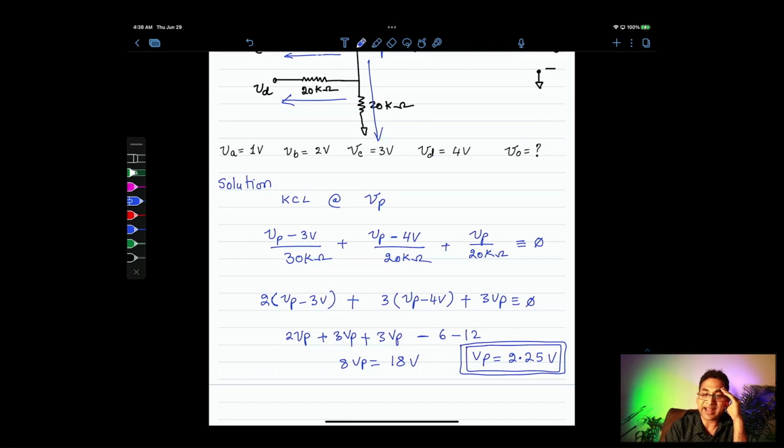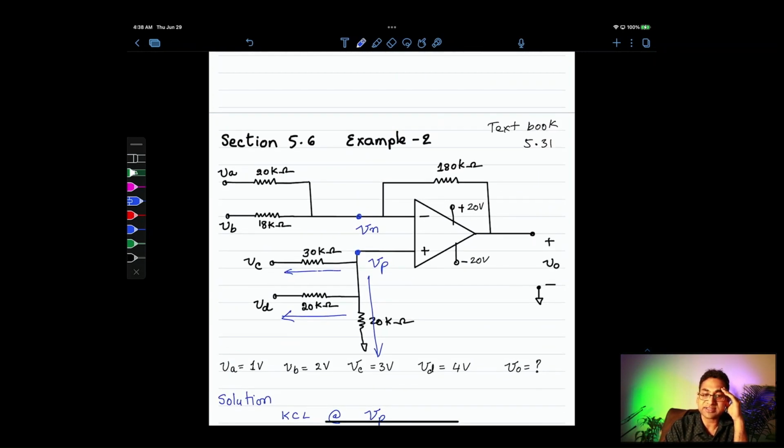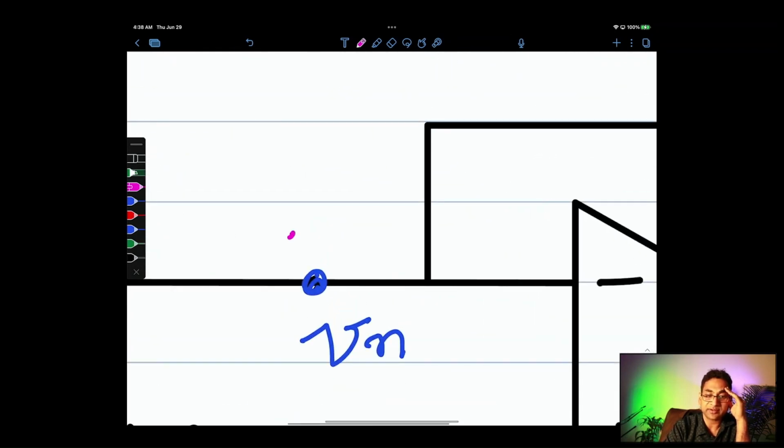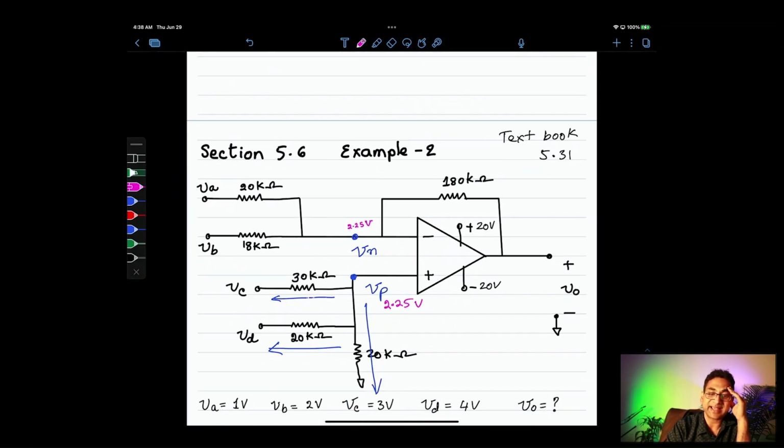We are glad we got a value, because this 2.25 volts that we just calculated shows up here as well. We need this value to be able to write KCL.